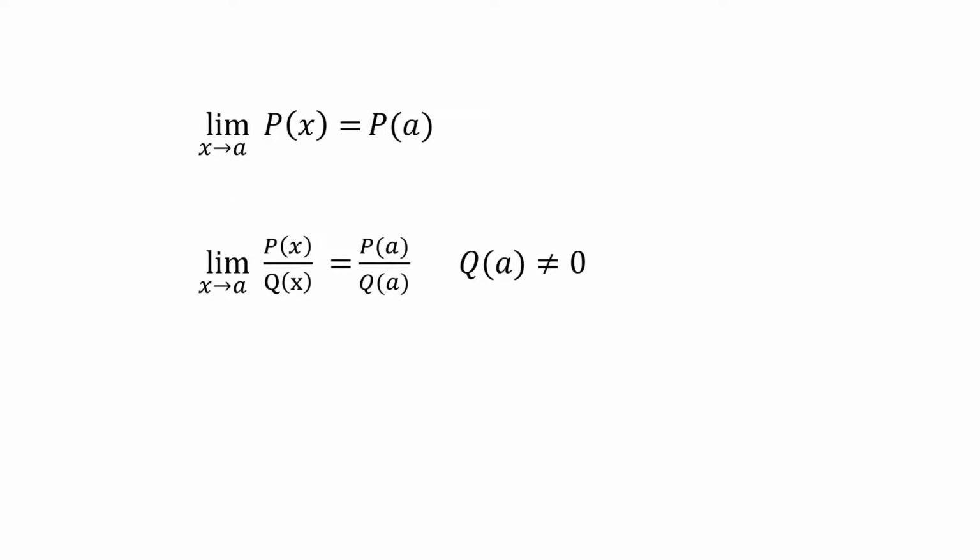From these, we can find the limit of some familiar functions. If p of x equals a polynomial function, a_n x to the n plus a_(n minus 1) x to the n minus 1 plus and so on, plus a_1 x plus a_0, the limit of p of x as x approaches a is p of a.